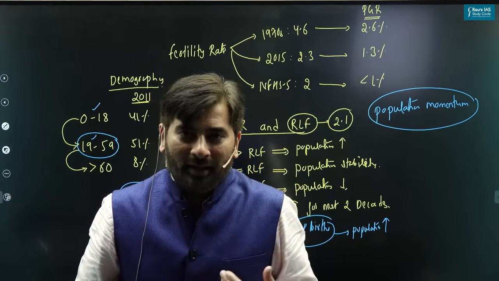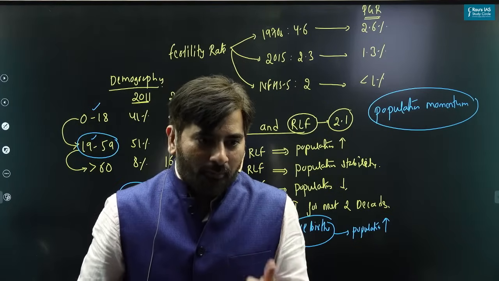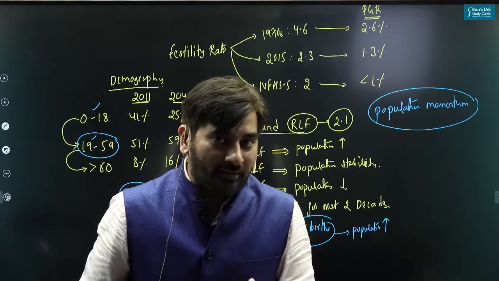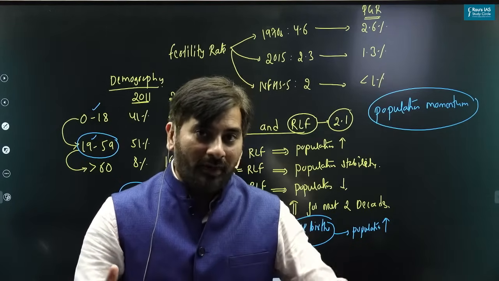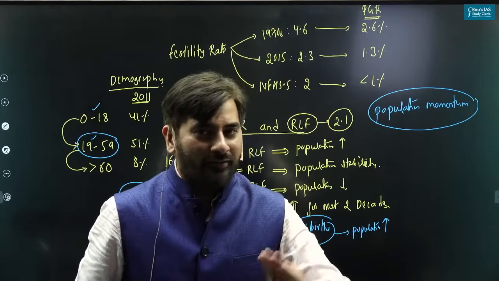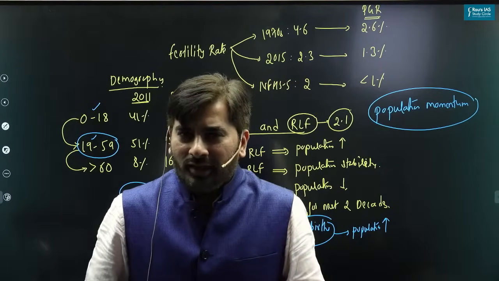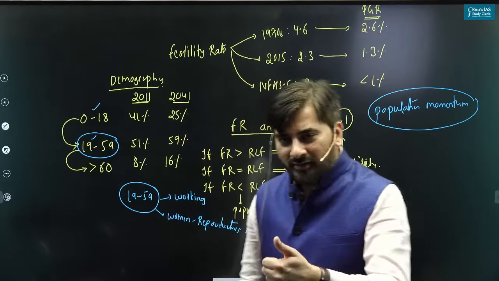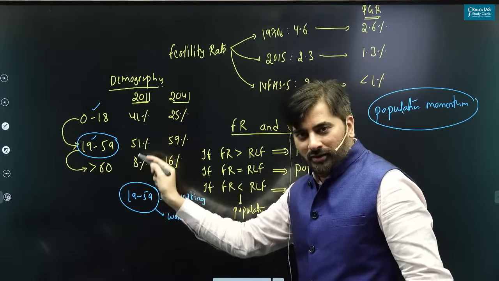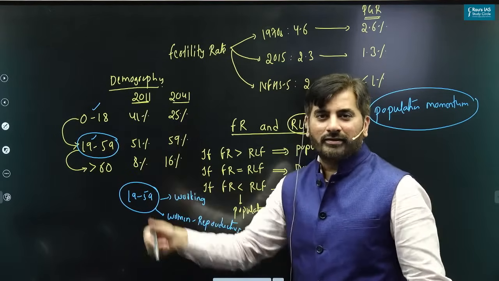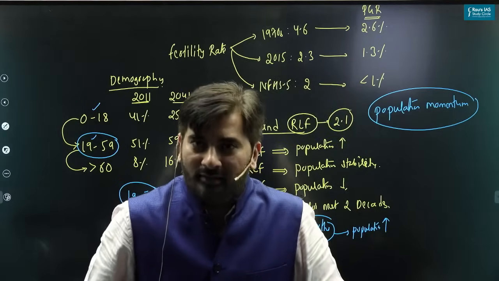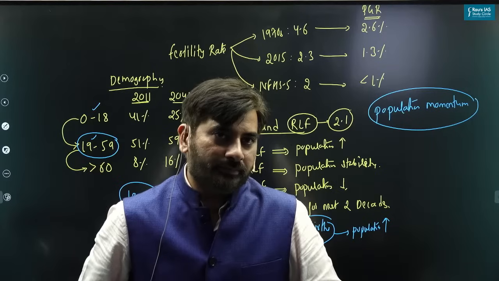These women, per woman, are giving birth to less number of children. But the thing is, we have more number of women. That is why the population is going to increase at least for the next 2 decades. Beyond the next 2 decades, this might not happen because these women in the age group 19 to 59 will move to the next age group. So that is what population momentum is. I hope this part is clear with respect to population momentum.